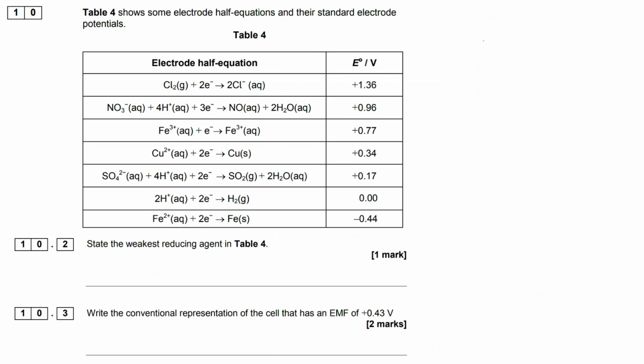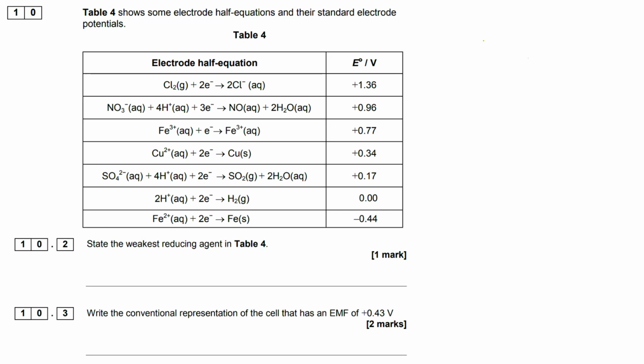But to do that, you are having to remember to also check which direction the half equations have been placed in terms of their electrode potentials or their E cell values. Because sometimes they could have given this in reverse, going from -0.44 to +1.36.